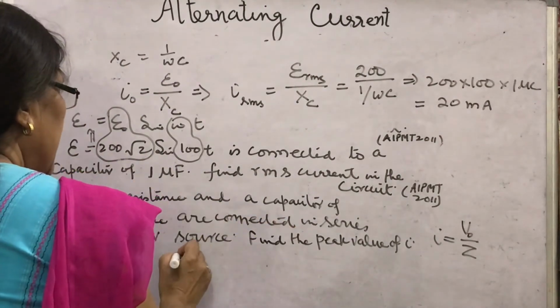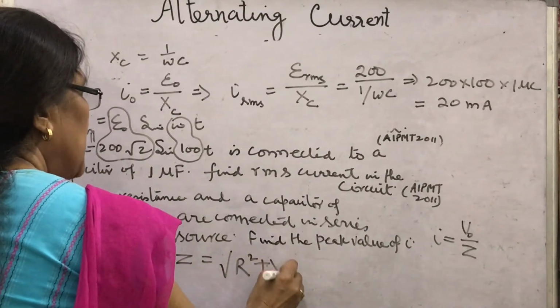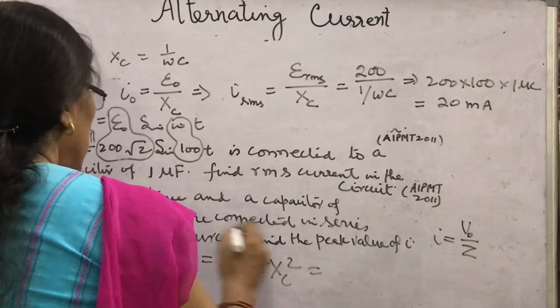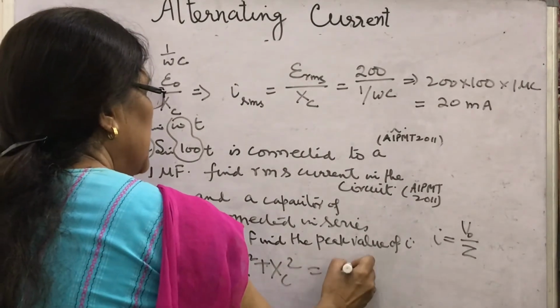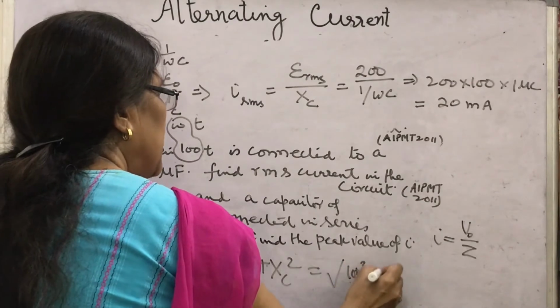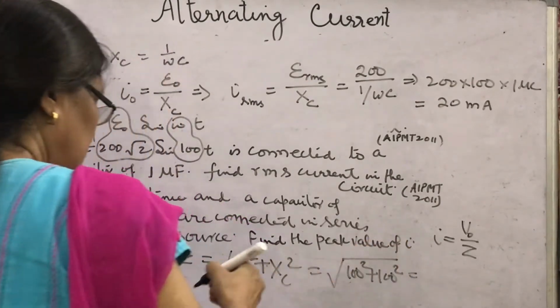This Z can be calculated as under root R square plus XC square. What is R? 100. What is XC? 100. So under root 100 square plus 100 square. What will you get here?